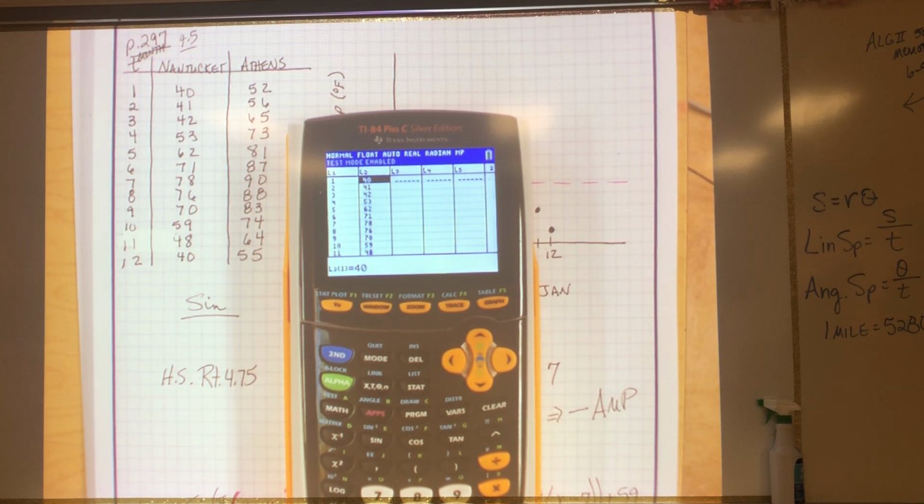So we're fixing to make a scatter plot on our calculator. So put your x's in list 1 and your y's in list 2.